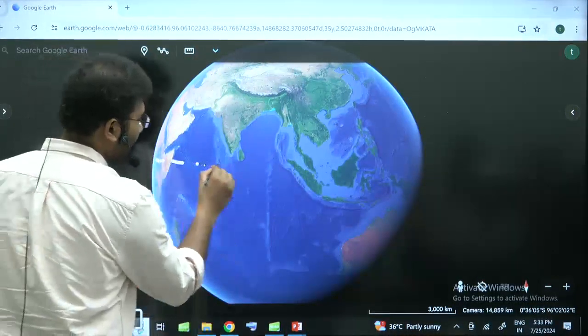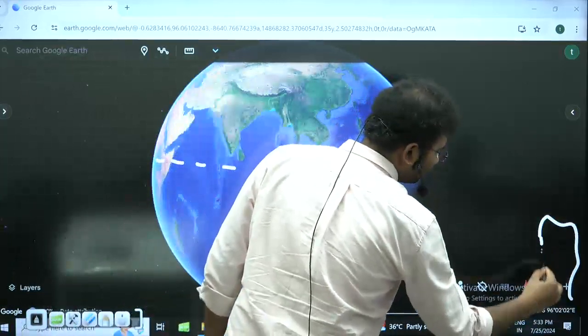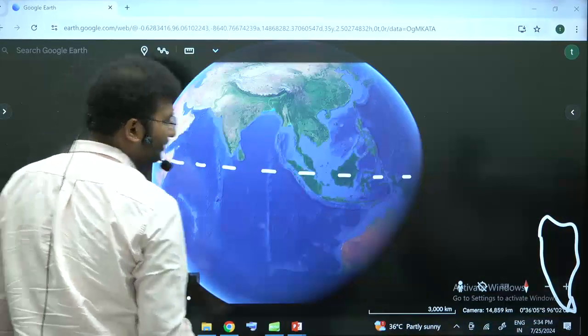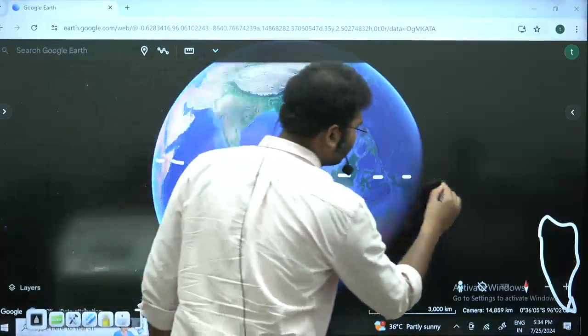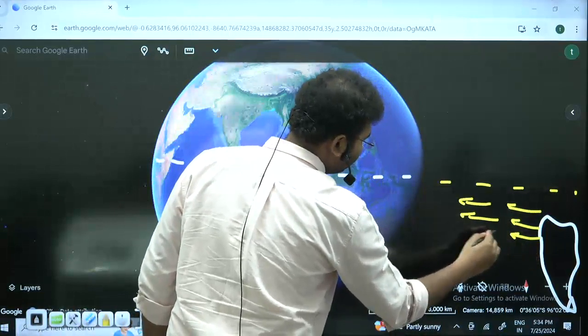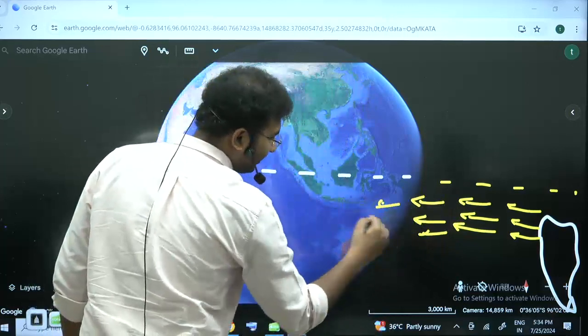Look, this is your equator. Imagine this is your South America. In the normal times, the winds which are there, are they not moving like this? These are easterlies. These easterlies, sometimes they cross this sea.